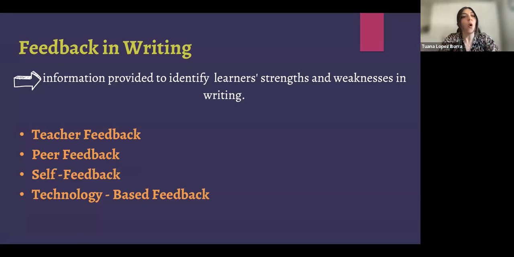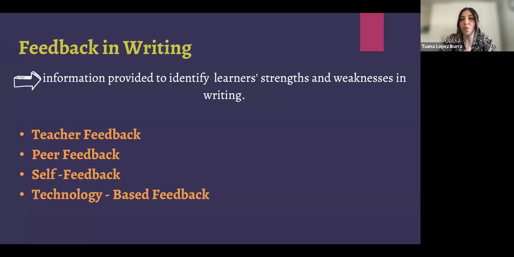Each other's works, or also self-feedback. Here the learners give feedback to themselves, but it's more like self-evaluation, like monitoring their production. We can see that it is possible too. And also technology-based feedback. I think all of us hear a lot these days about the integration of AI in EFL classrooms.